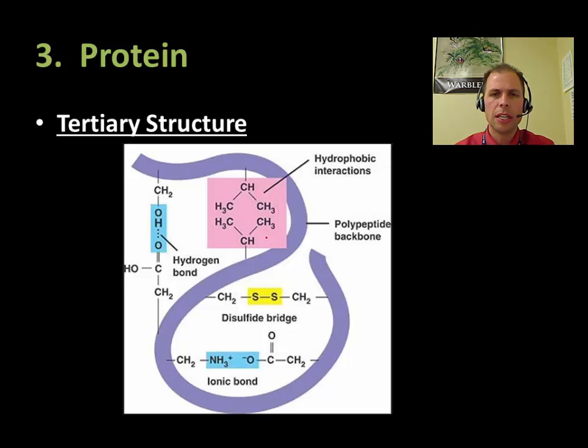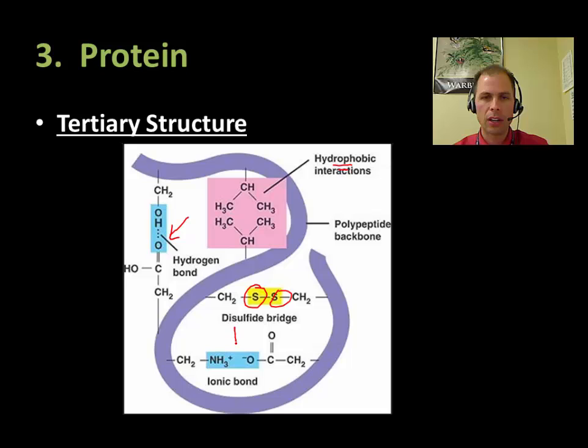Tertiary structure takes a look at now the larger protein and the variety of different intermolecular attractions that can happen. For example, hydrogen bonds, yes, certainly we see those here, as well as among different R groups now, hydrophobic interactions, as you see two non-polar portions that are close to one another now. If you're working with cysteine or methionine, two amino acids that have sulfurs in their R group, we can see disulfide bridges forming.